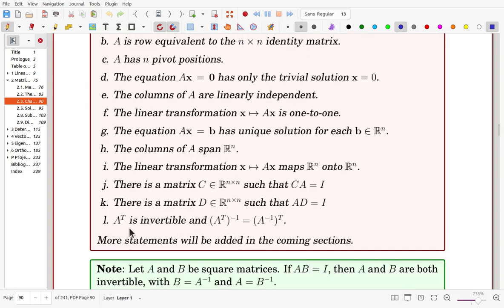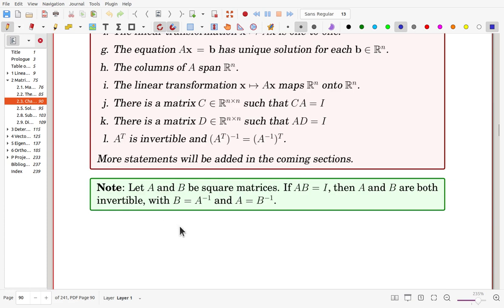Now if A is invertible, then A transpose is also invertible, and we have the property that transpose and inverse commute, so the inverse of the transpose and the transpose of the inverse are the same. Some more statements will be added later. If A and B are square matrices and AB is the identity, then both A and B are invertible.